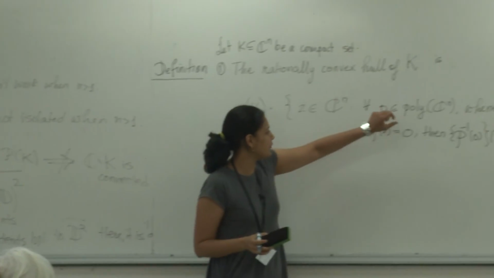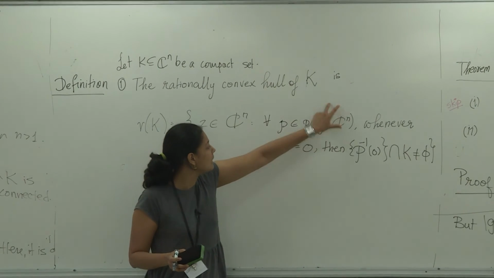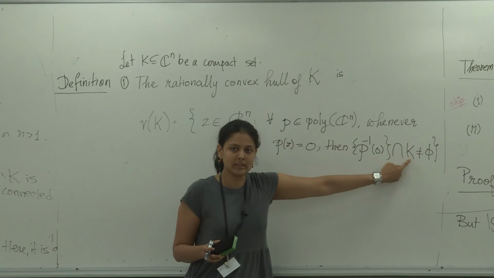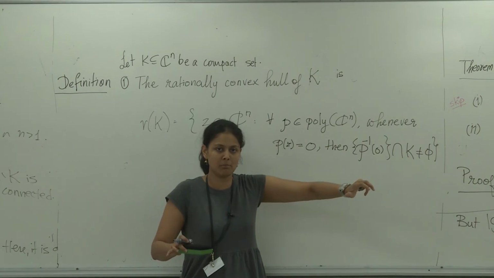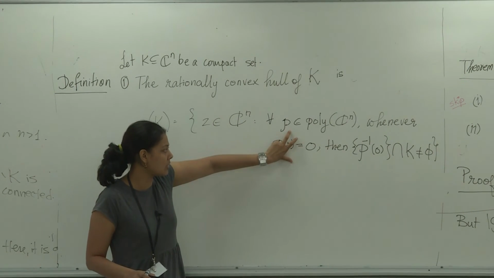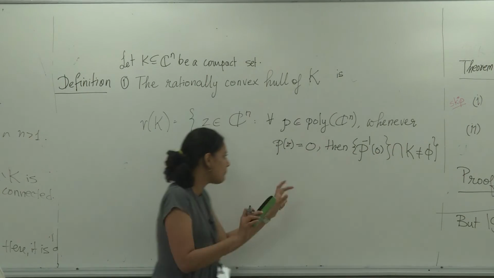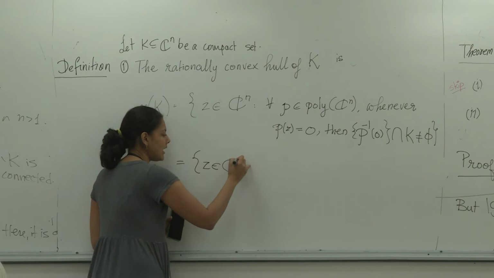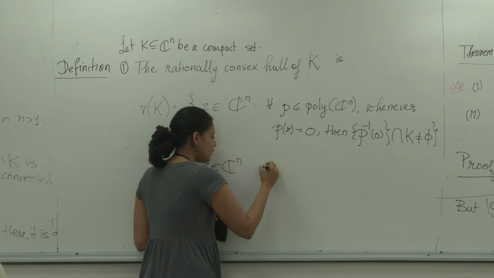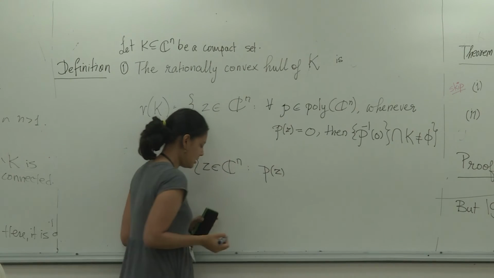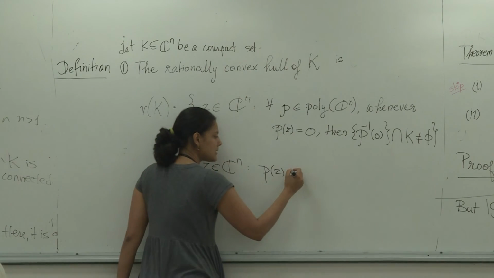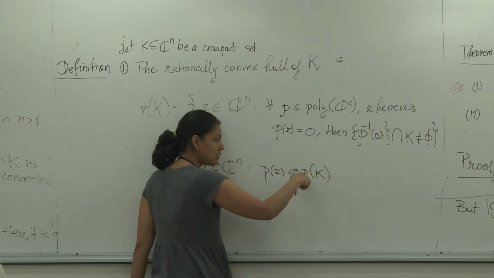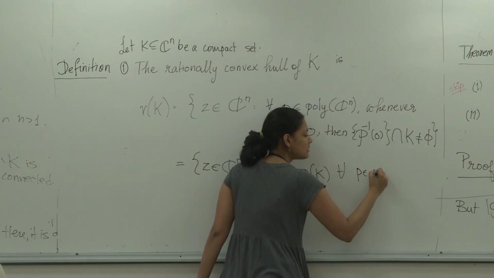But what I'm saying is that if you have a holomorphic polynomial that vanishes at this point, then it must vanish on K, which means that I do not have any holomorphic polynomial that vanishes on Z but does not vanish on K. But let me write it a little bit differently if this is confusing. This is actually equivalent to saying the following, that if you hit this point with the holomorphic polynomial, then this lands in the image of P, in the image of K under P. Okay, and this is true for all holomorphic polynomials.